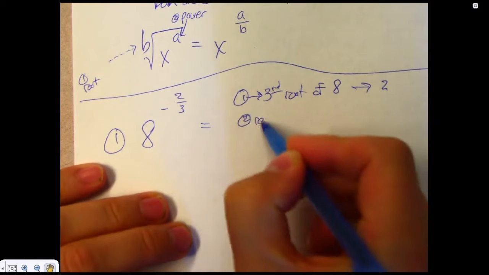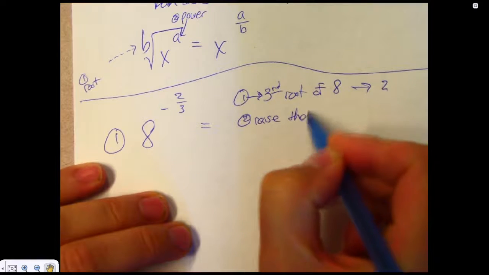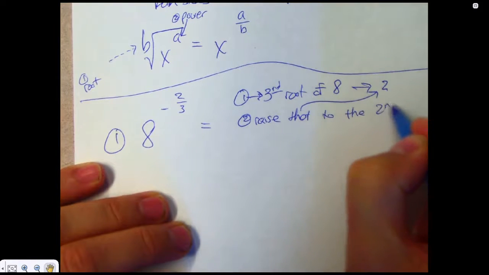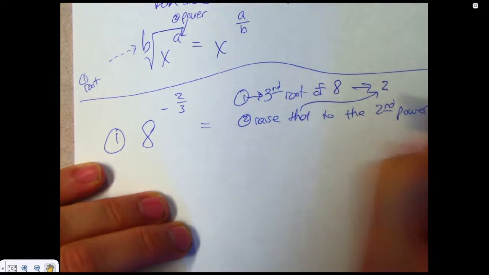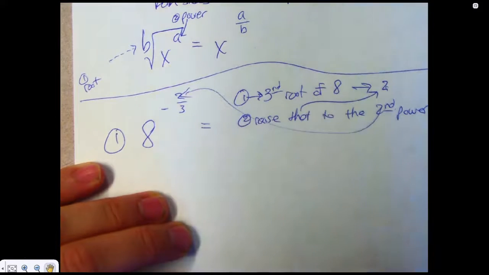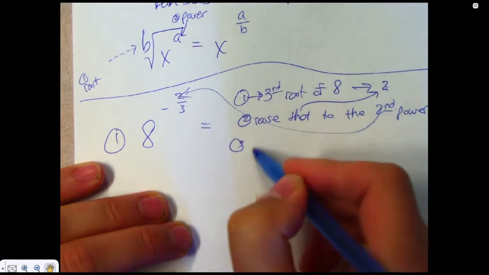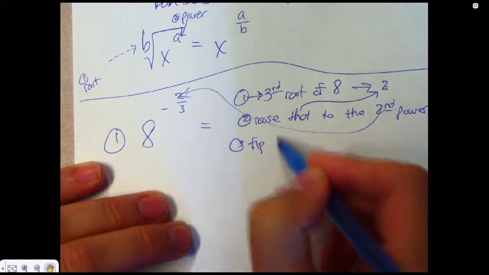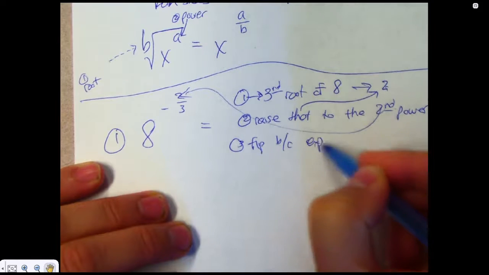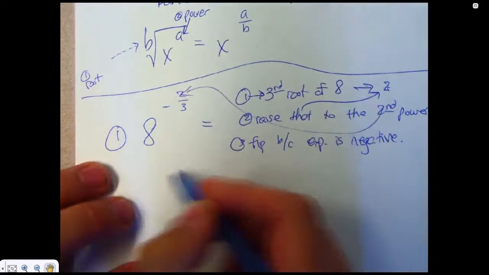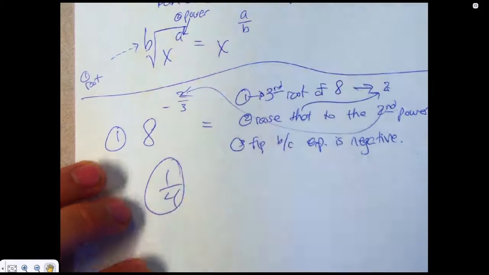The second thing you do is raise whatever you just had to the second power, because of the 2 on top. So 2 squared is 4. And the third thing is flip, because the exponent is negative. So the answer here would be 1/4.